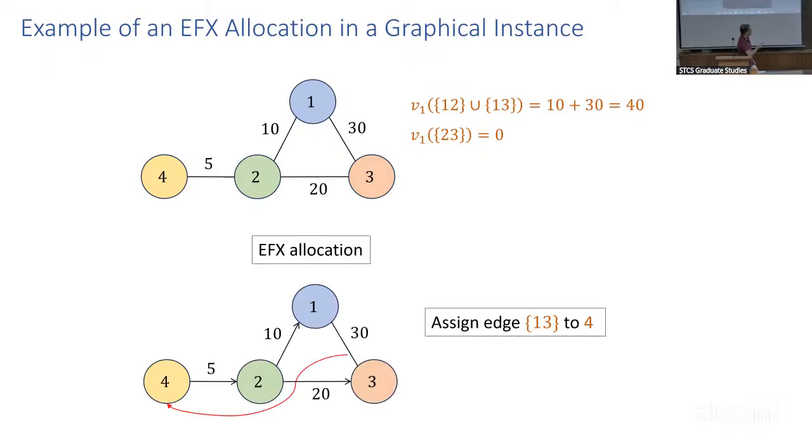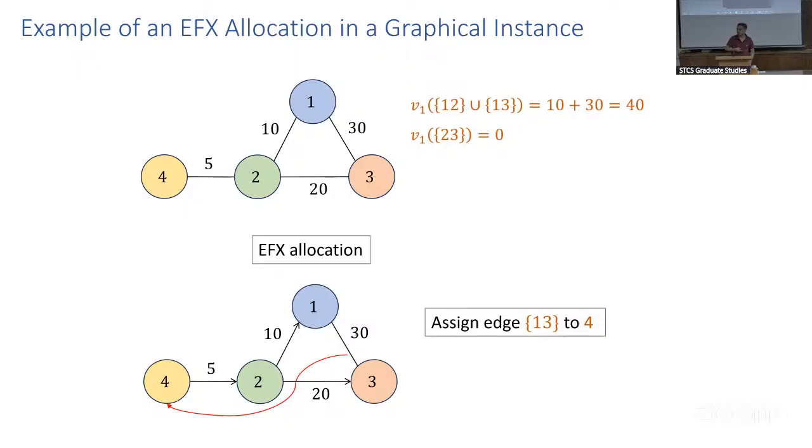If you consider this allocation, this is an EFX allocation. The arrow head over here indicates that agent 1 has received this edge. So edge 1,2 is given to agent 1. Edge 2,4 is assigned to agent 2, and so on. However, this edge 1,3 is not assigned to either of its endpoints, but it is assigned to agent 4. And since every vertex over here receives exactly one edge, this is an EFX allocation.